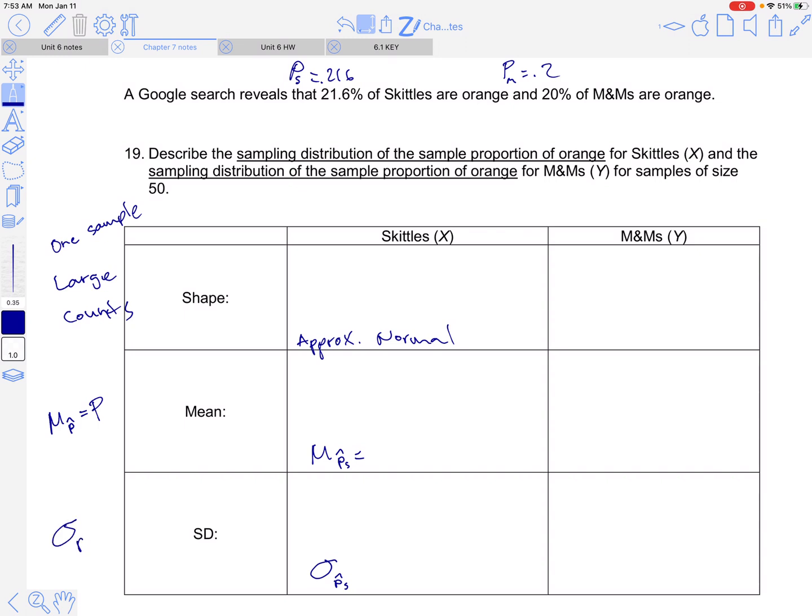And then my standard deviation, if you remember, will be the square root of p times 1 minus p all over n. So I'm going to go ahead and calculate these. Remember, the large counts rule is your sample size times your p, which is your proportion, greater than or equal to 10, but also the opposite proportion is also greater than or equal to 10, then it's approximately normal.